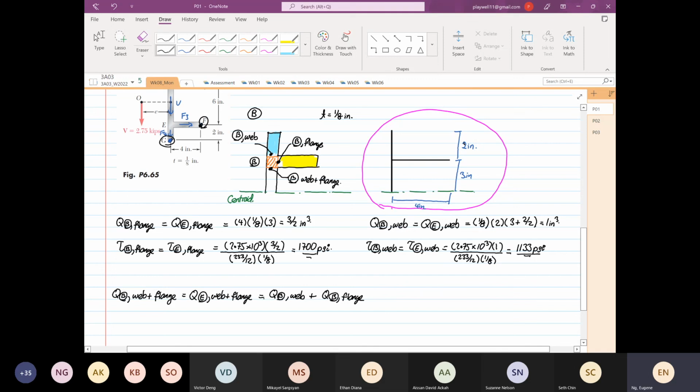Some people might say, why is that? Because 1/8 multiplied by 1/8 is very small, yes or no? So that's all we need to do now. So this is 3/2, or this is 1 plus 3/2. So it's equal to 5/2.